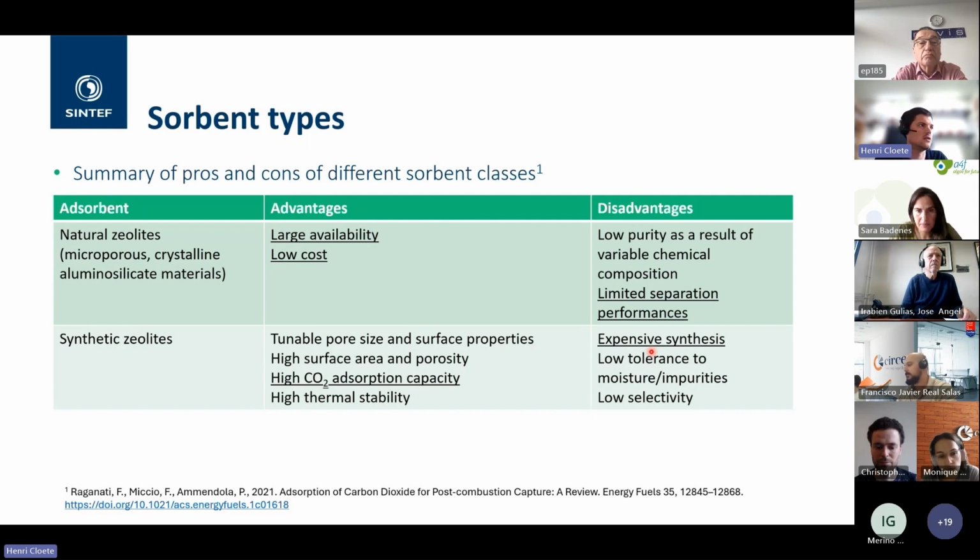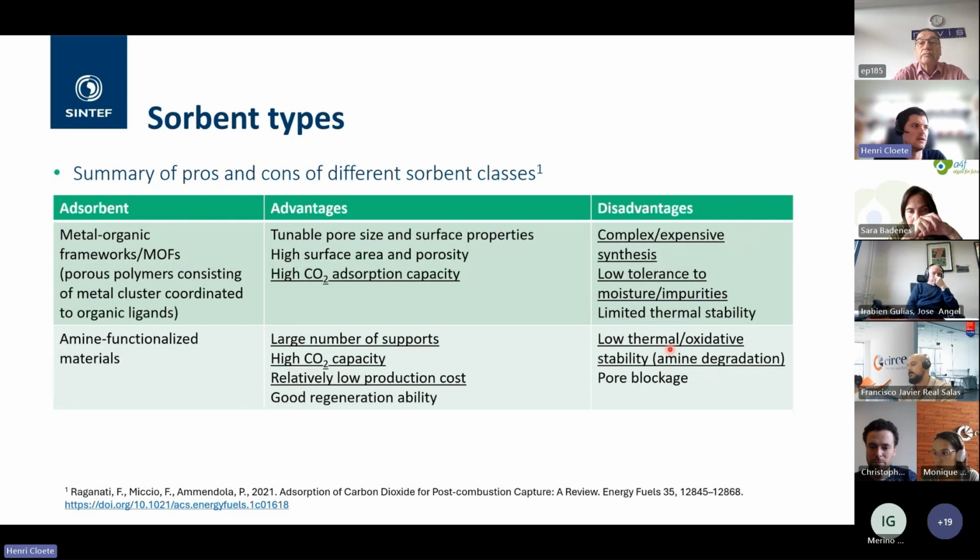Since they're naturally occurring, there's a large availability and a low cost. But since these are natural materials, their purity is low, and that can lead to limited separation performance. So then there's also work on synthetic zeolites that can increase the adsorption capacity and have a more pure material, but then again, your solvent becomes more expensive.